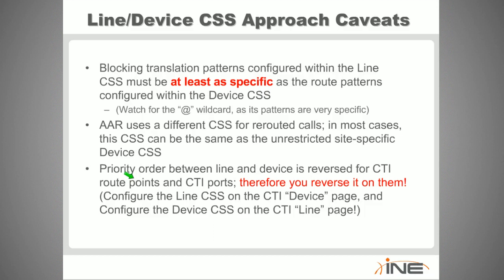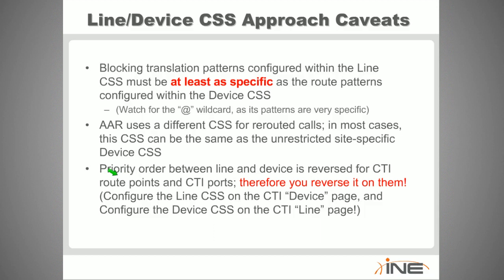After 3.1, line became first and then device. But for CTI, this is still backwards. It's never been changed. And because it was never changed, they are probably pretty hesitant to do it now, because as you upgrade, it could break a lot of existing large configurations. So if they reverse the order on you, you reverse it on them, right?